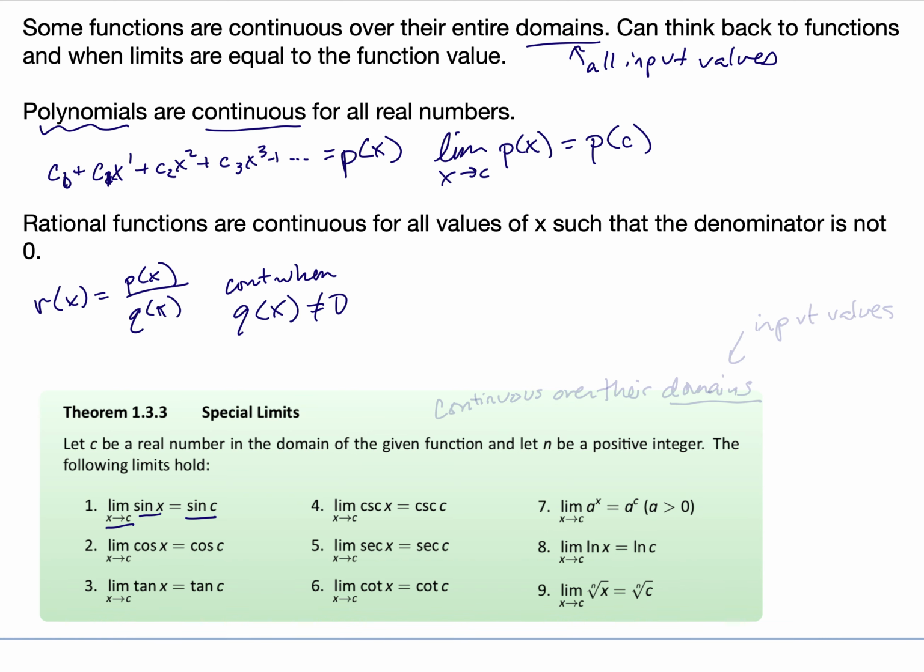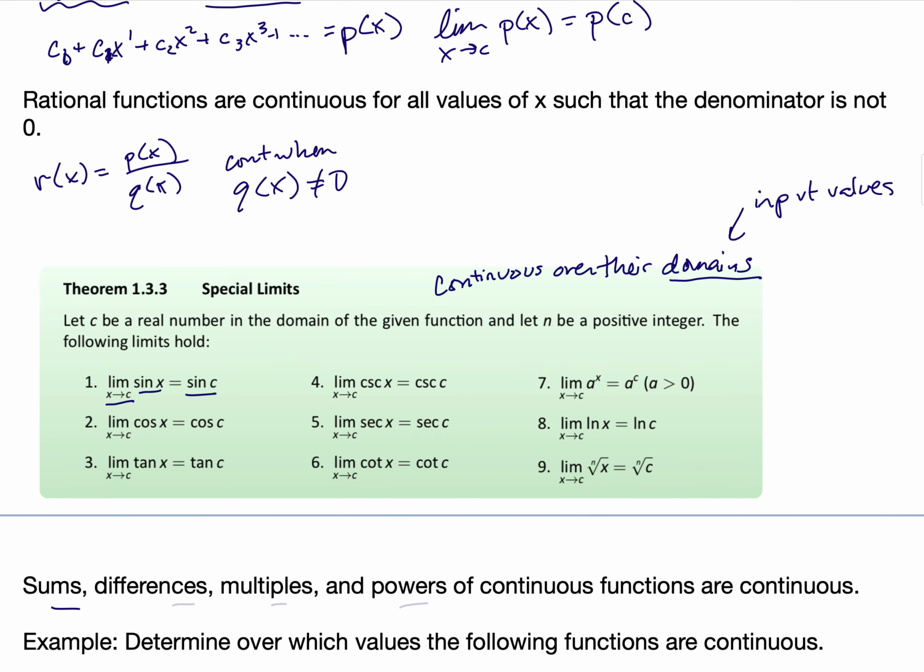So all of these are continuous over their domains, because the limits exist and are equal to the function value at that point. And remember that the domains are just all possible input values that give a real number result.